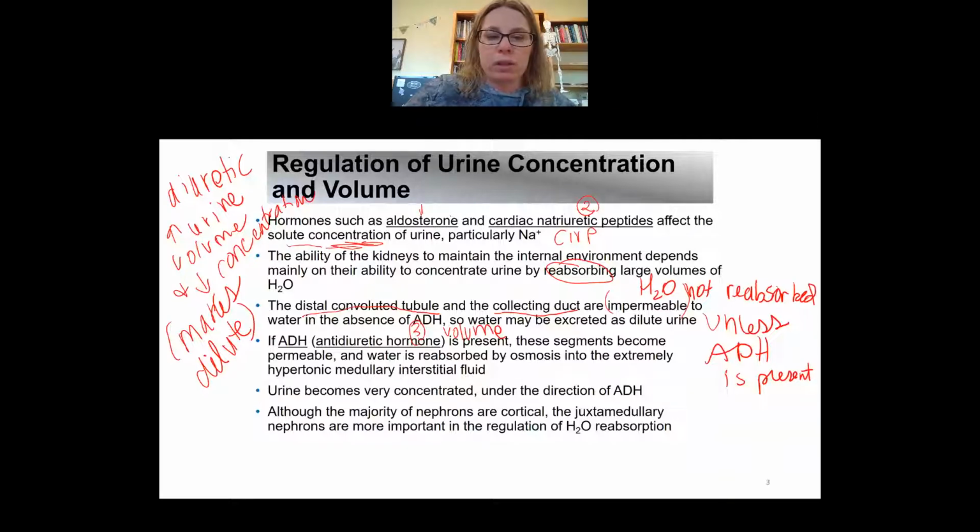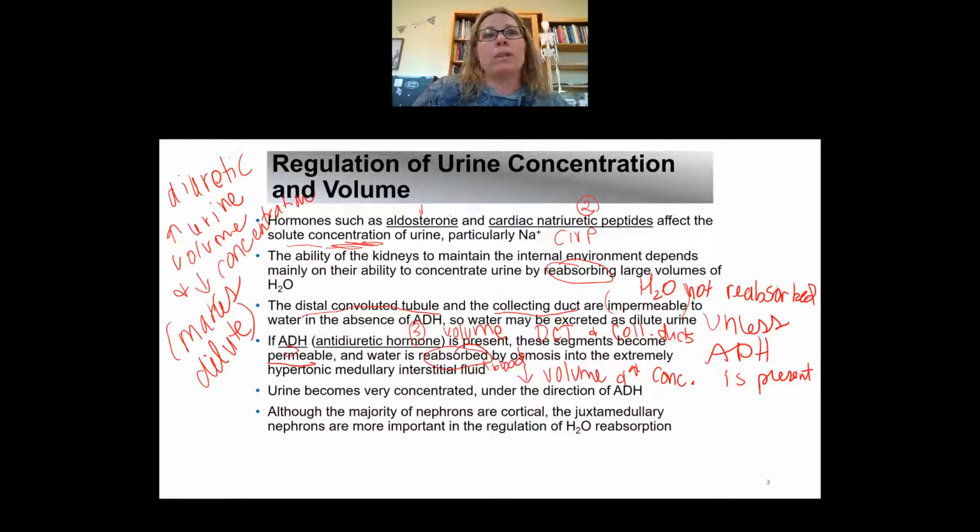Antidiuretic hormone is going to decrease volume and increase the concentration of the urine, making it less dilute. So if ADH is present, these segments of the distal convoluted tubule and the collecting duct become permeable to water, and water can be reabsorbed into the blood and recycled.